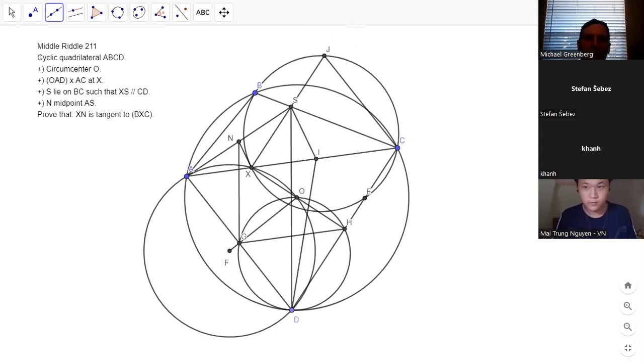That lets us get rid of point N. So we want to show that XI times XC is XS times SJ, and XI times XC is XA times XC, which is just the power of X with respect to this big circle.